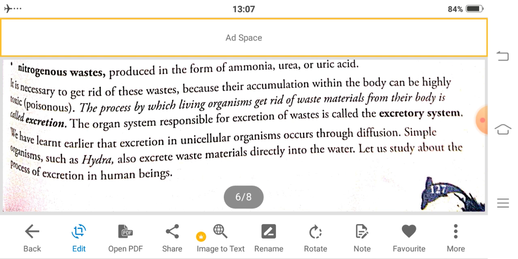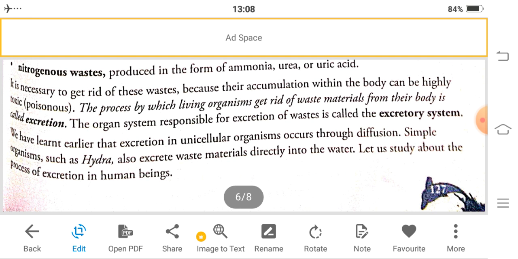And the organ system responsible for excretion is called the excretory system. So the group of organs responsible for the removal of waste from our body is called the excretory system.